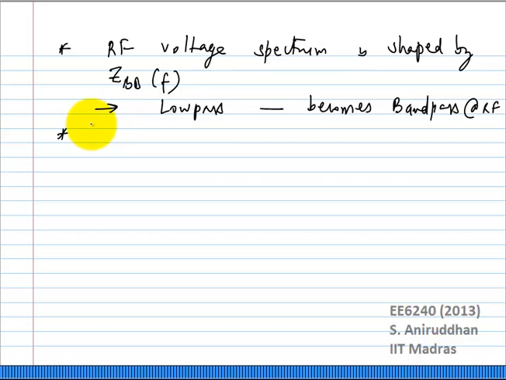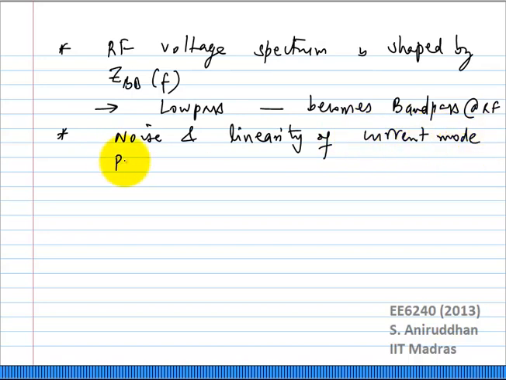Now, what is the advantage or disadvantage of this kind of current mode mixer compared to the voltage mode mixer? As it turns out, the noise and linearity of the current mode mixer are better than the voltage mode counterparts. Any idea why this could be?